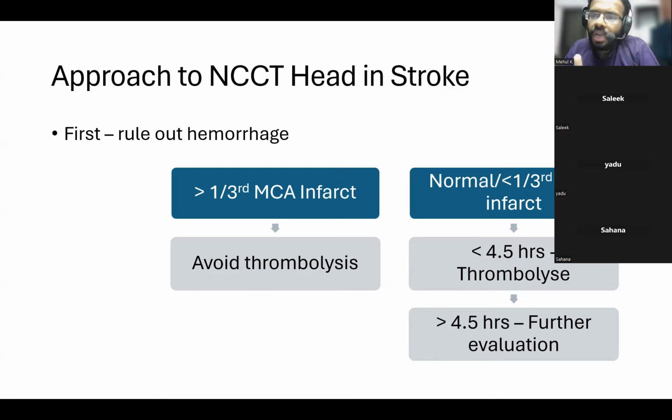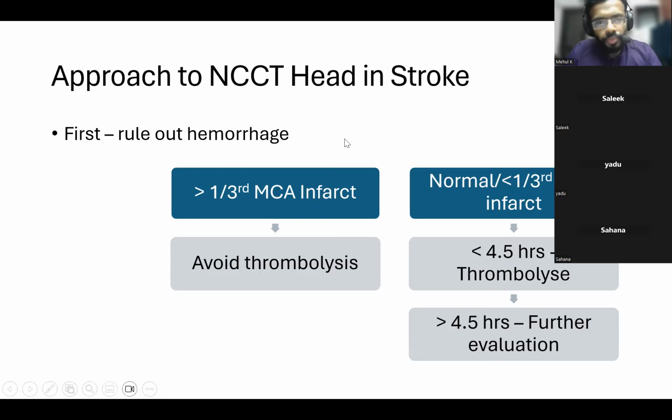In that case, you will avoid thrombolysis because this is what you call a malignant MCA infarct. In malignant MCA infarct, you generally like to avoid thrombolysis because they tend to have poorer outcomes. Similarly, this can be correlated with your ASPECT score as well. If your ASPECT score is less than or equal to 7, generally we like to avoid thrombolysis. Around 8 to 10 is a good range for actually trying out thrombolysis.